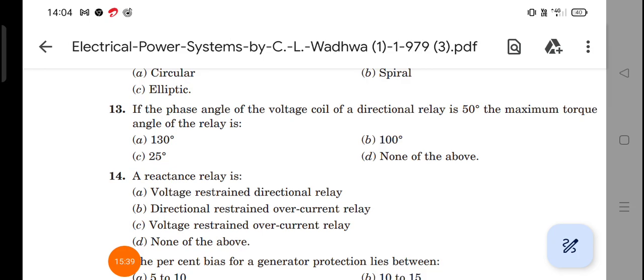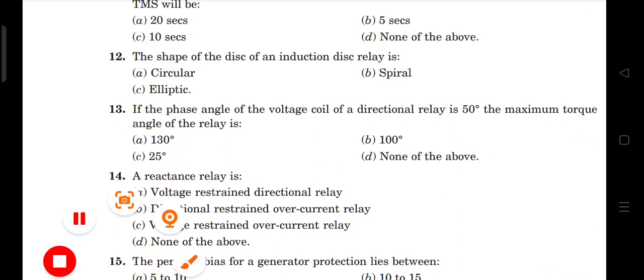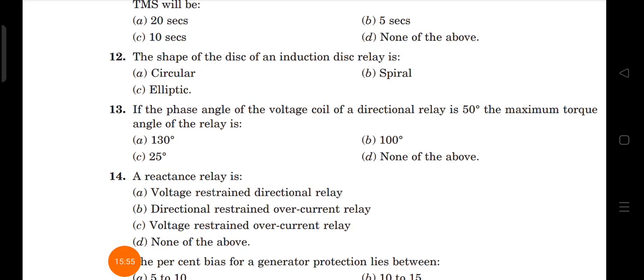Here it is a reactance relay, so in case of a reactance relay, it is a directional restrained overcurrent relay.